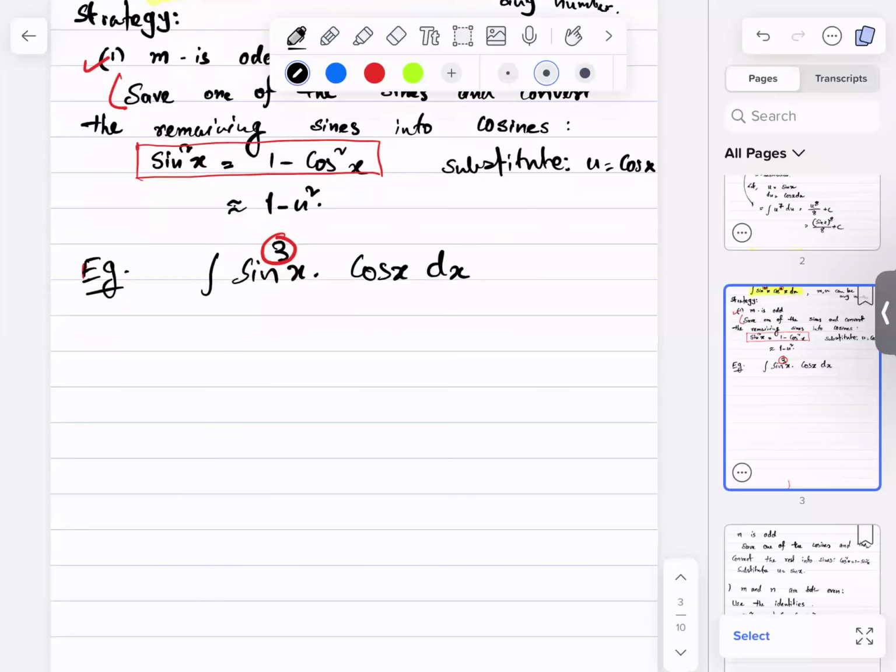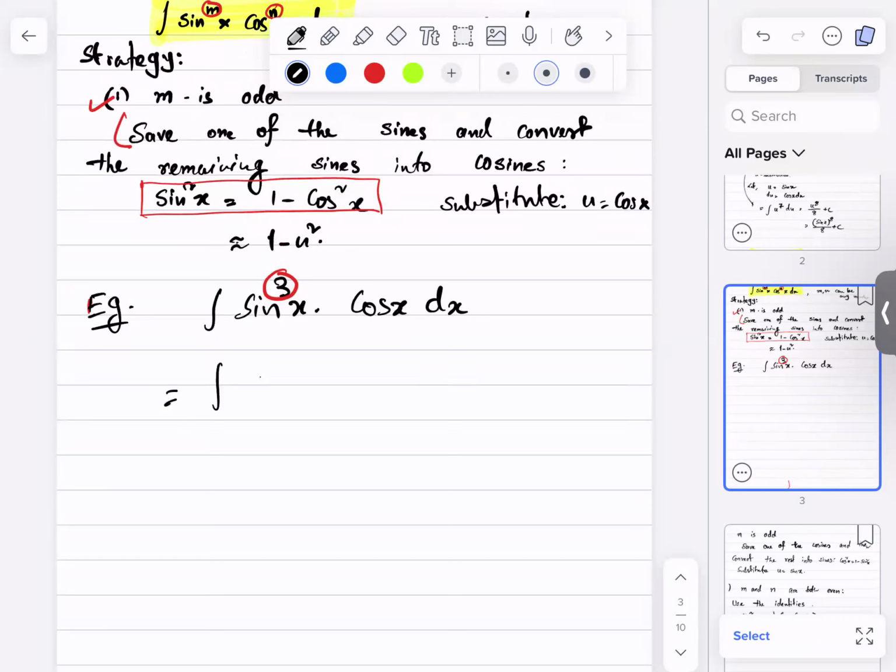Therefore, what I'll do is save one sine. Let me save one sine like this, sine square x, and this sine x is saved. And then convert everything into cosine. I know that sine square x is this. So I'll just convert this sine square into 1 minus cosine square x.